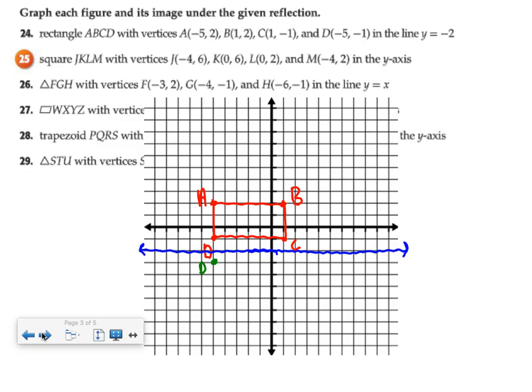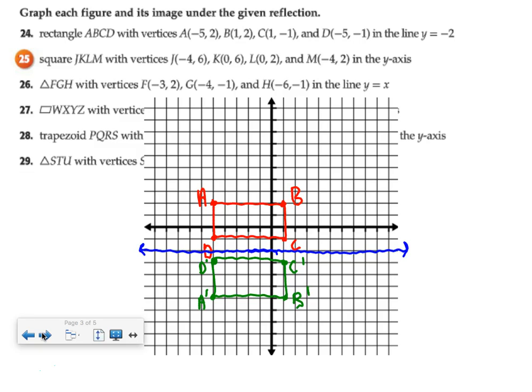A prime, 1, 2, 3, 4, so I'm going 4 the opposite way. And I just continue that pattern until I fill out my rectangle here. And there we go, folks. That's all we're doing, I promise. You're just counting how far away you are from your line of reflection.